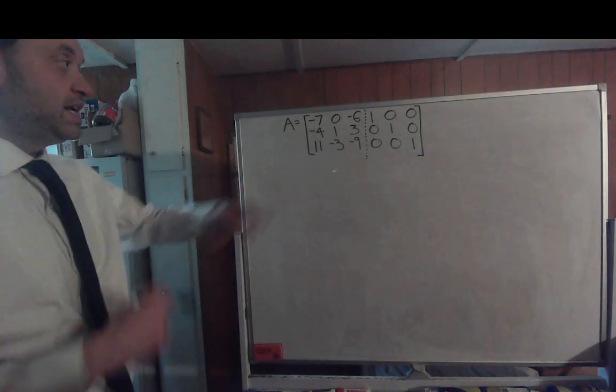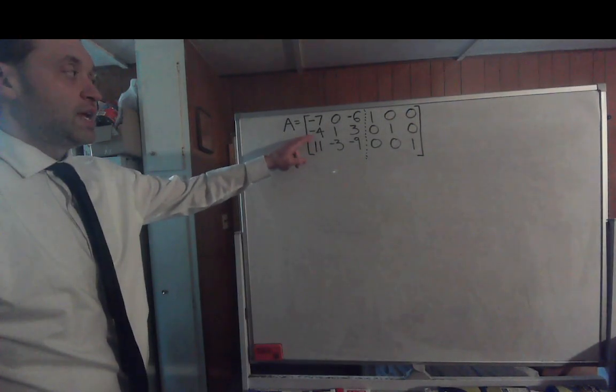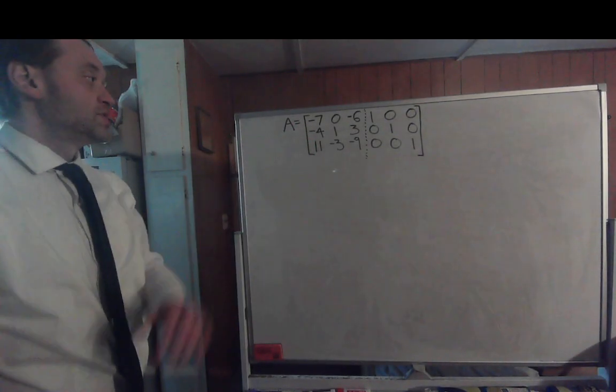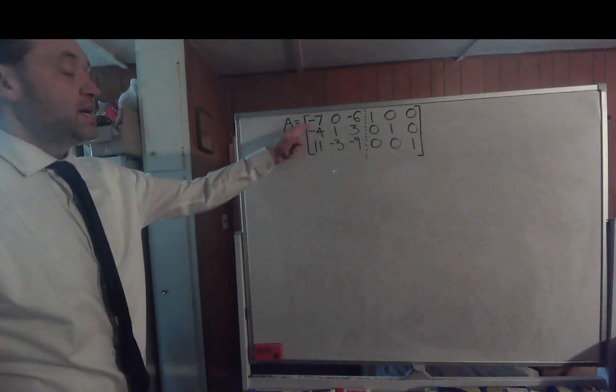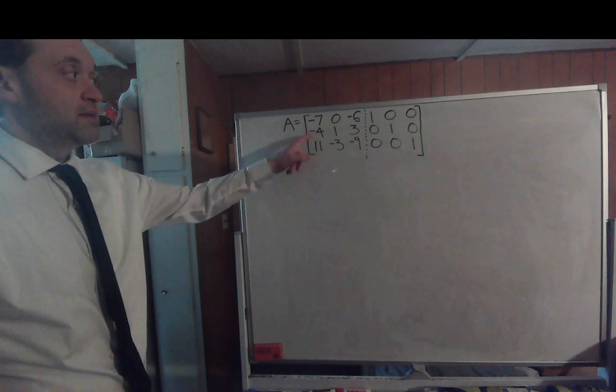You don't have a leading 1 anywhere in this, unfortunately. You just don't. So the goal's still the same. Make the first digit of the second and third row become 0.